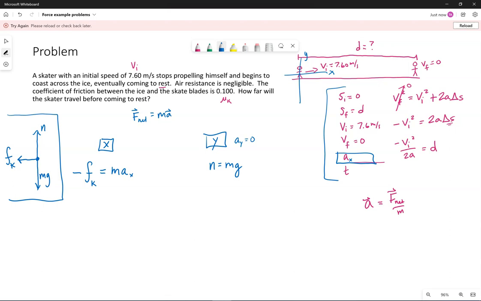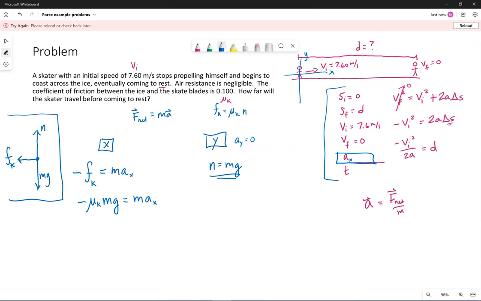I'm going to go ahead and combine. We know the force of kinetic friction is equal to the coefficient of friction times the normal force. So over here on the left, where we have the force of friction, I'm going to plug in coefficient of friction times the normal force, but according to the y equations, the normal force needs to equal mg. So I'm plugging in what I know for the force of friction, and that has to equal ma.